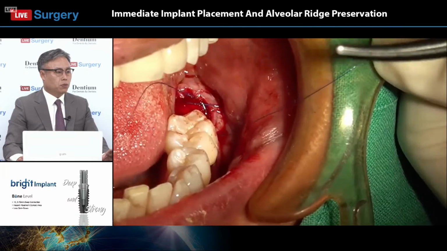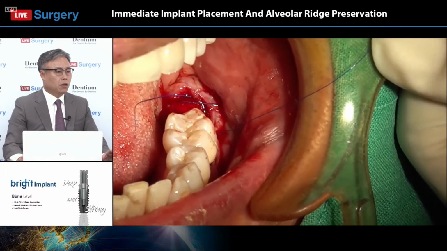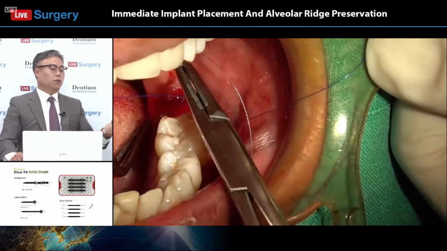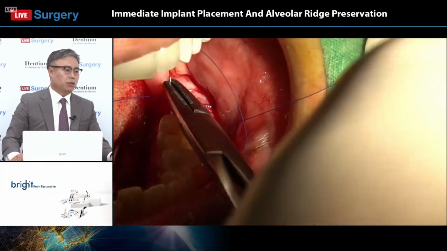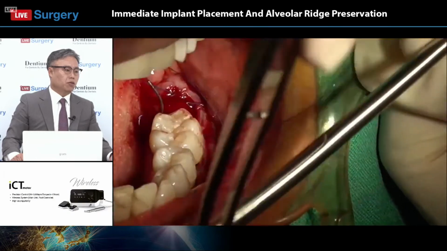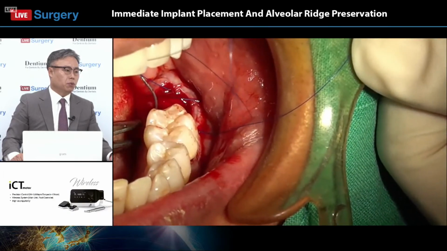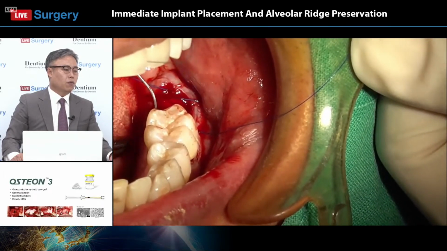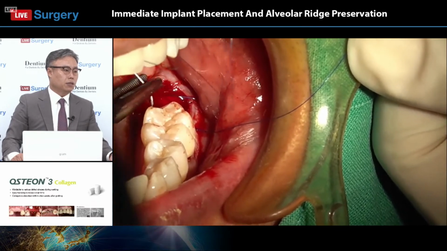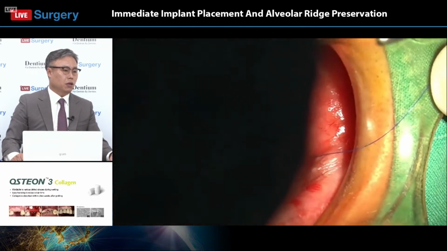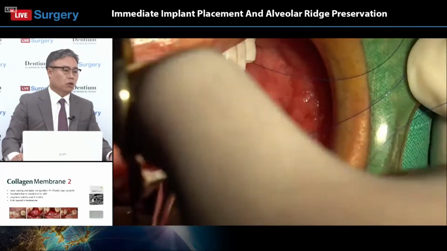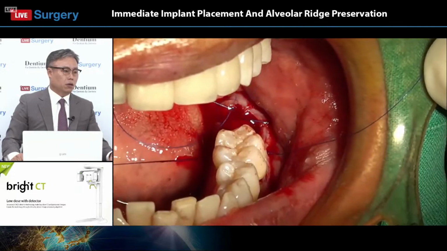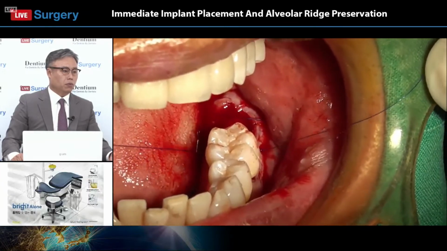The main purpose of this suture technique is maintaining the bone graft material and matrix in position, securing the bone graft and matrix. Therefore, we can enhance the healing of the extraction socket, and we can expect better quality of bone after the healing period.